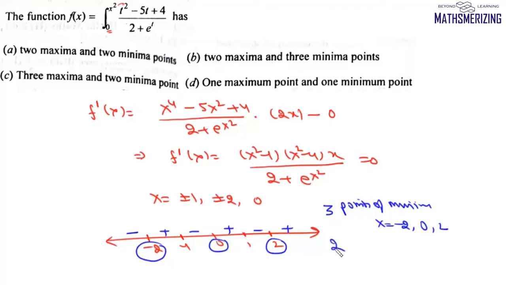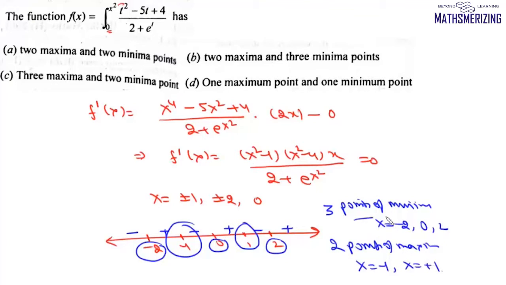And we have 2 points of maxima, and there x equals -1 and x equals +1. So this function will have 3 points of minima and 2 points of maxima, and that's your option B.